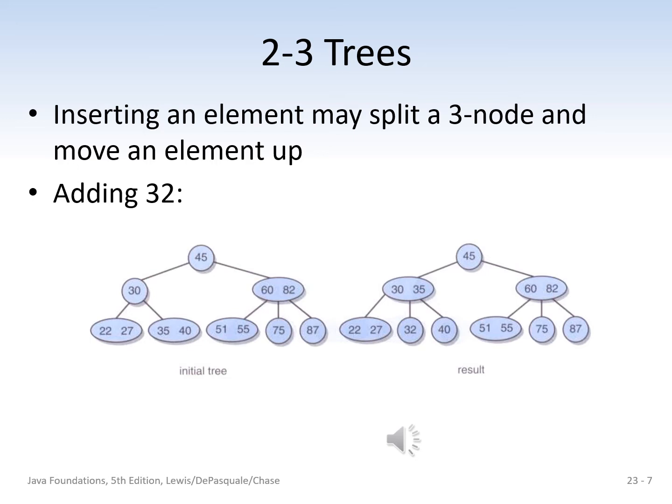In order to add 32, we're going to take a 2-node 30 and make it a 3-node holding 30 and 35 so they can have 3 children. Those children can be a combination of 2-node and 3-node, but none of them have any children. Remember, a 3-node has 3 children or 0 children. A 2-node has 2 children or 0 children.